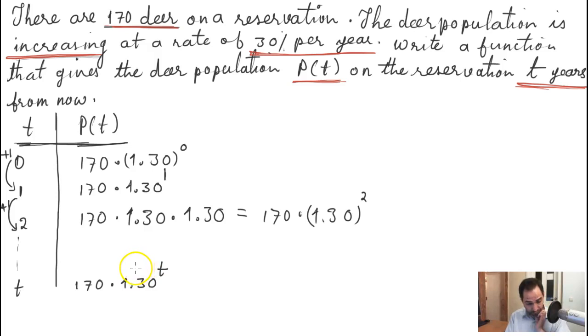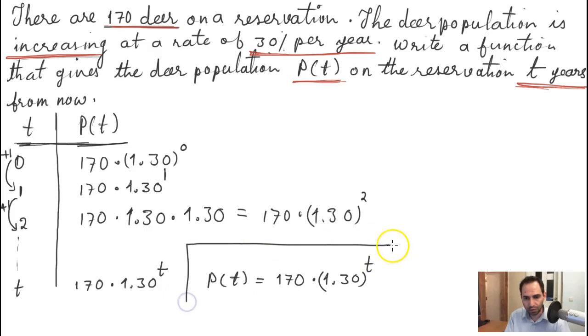So basically you could again rewrite this as P of t is equal to 170 times 1.30 raised to the tth power, and that is the equation we were looking for. There you go.